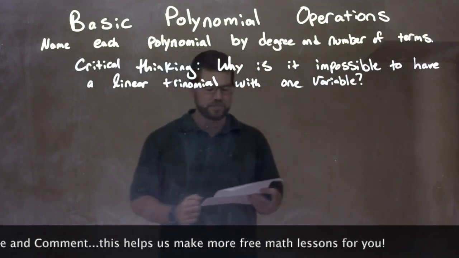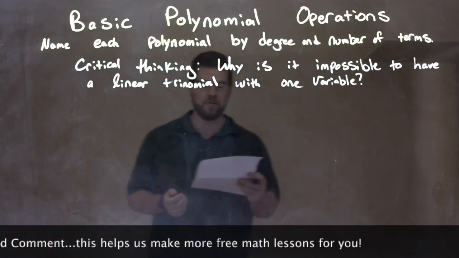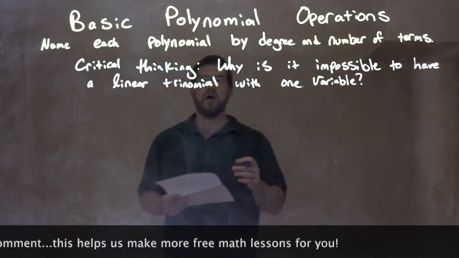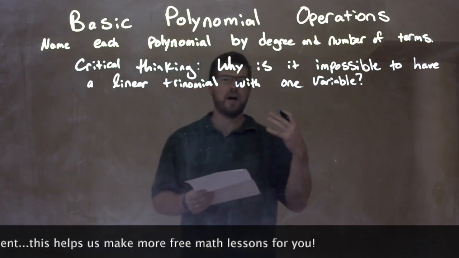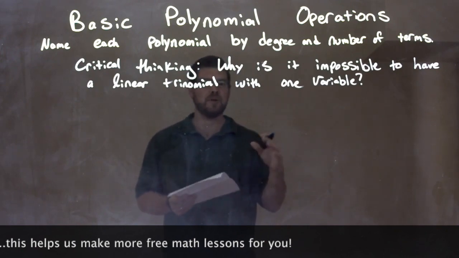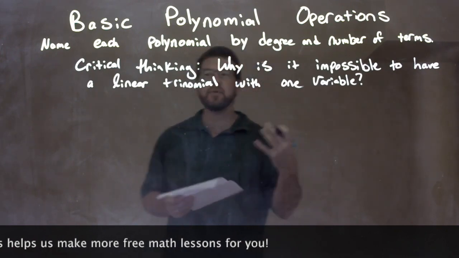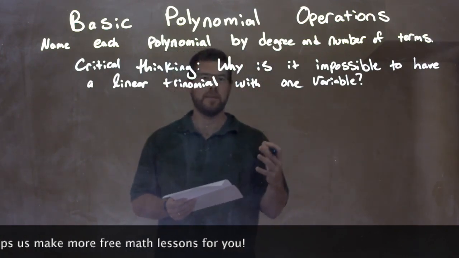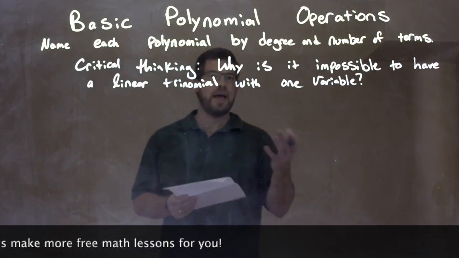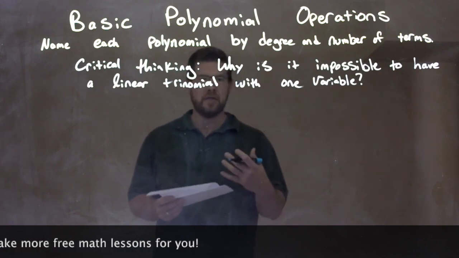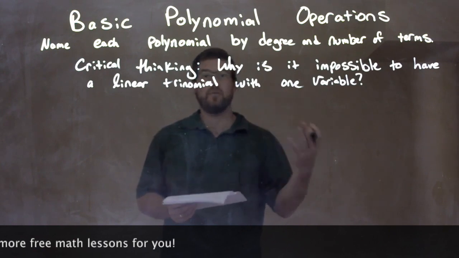Well, the reason is that if the highest degree is linear, our highest degree is x to the first power, let's say. So something's to the first power, that's going to be the highest one. If there are any other x's out there, we would combine them together. As we go down, the next one would be a constant.